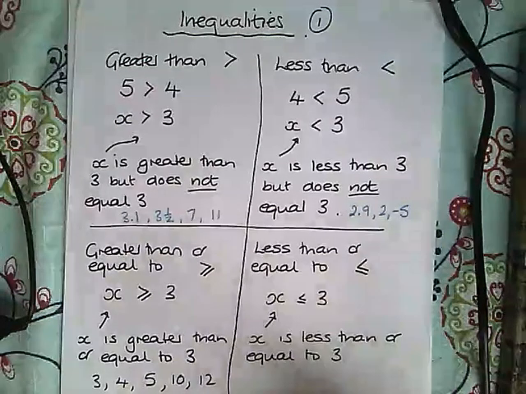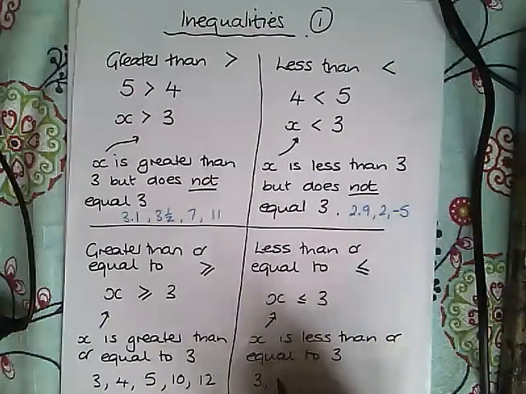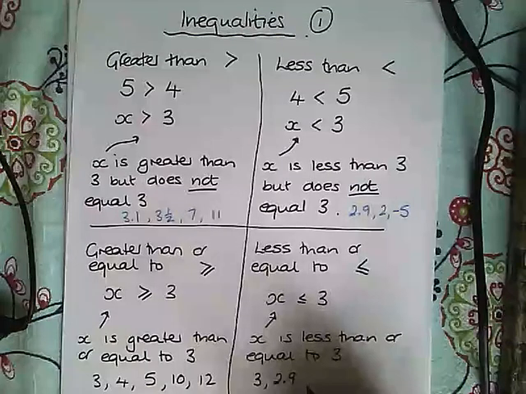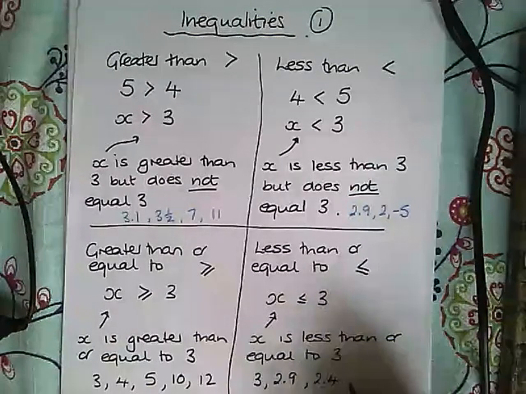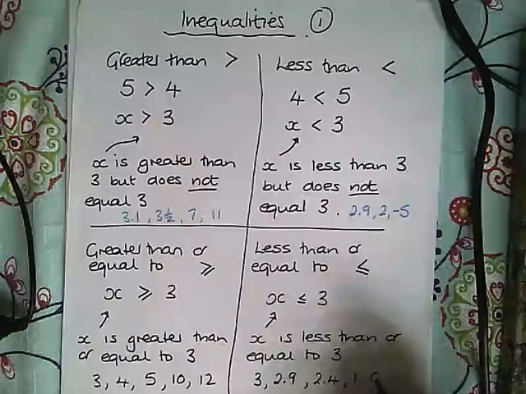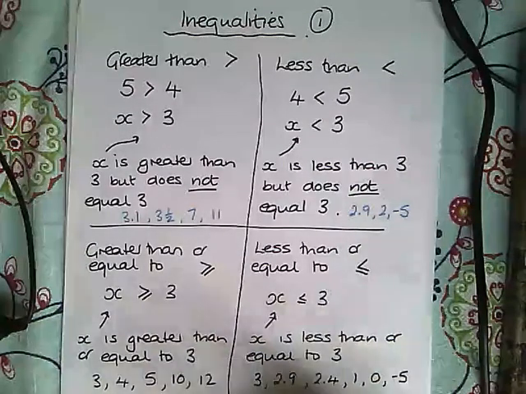That means it could take the value 3, or it could be 2.9, or it could be 2.4, it could be 1, it could be 0, could be -5. All of those are less than or equal to 3.